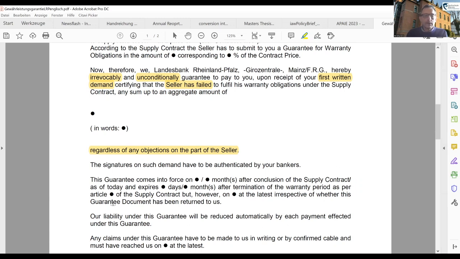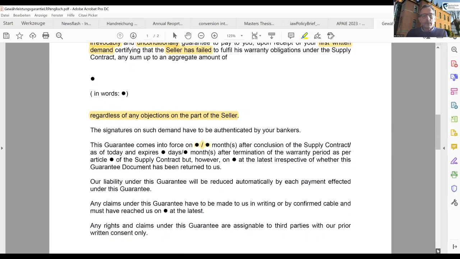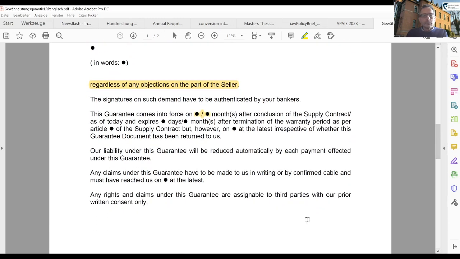So the guarantee comes into force, and then there is a certain day. Liability under this guarantee will be reduced automatically with a payment.